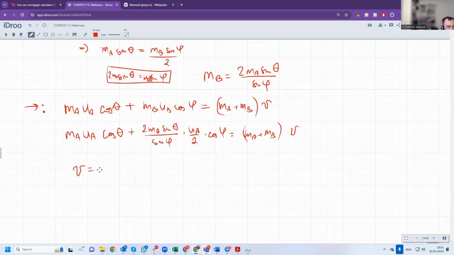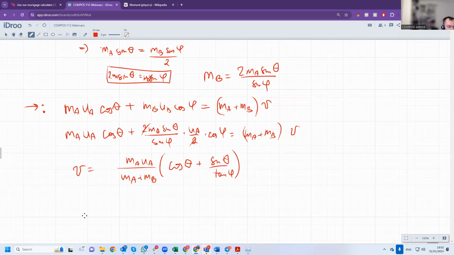V is equal to MA UA, open bracket, cos theta plus sine theta divided by tan phi, close bracket, divided by MA plus MB.